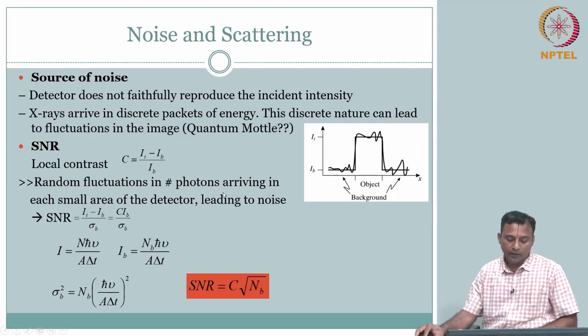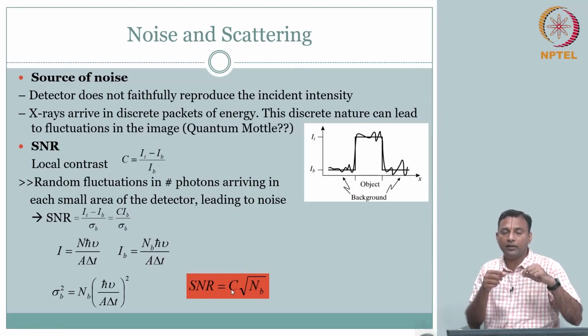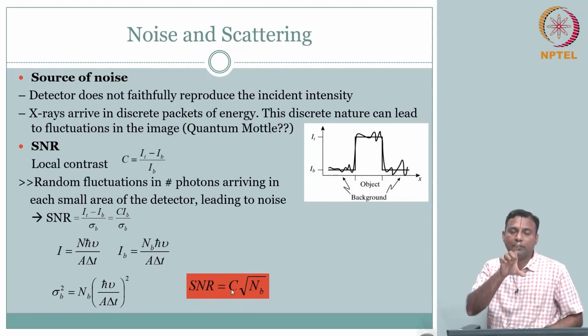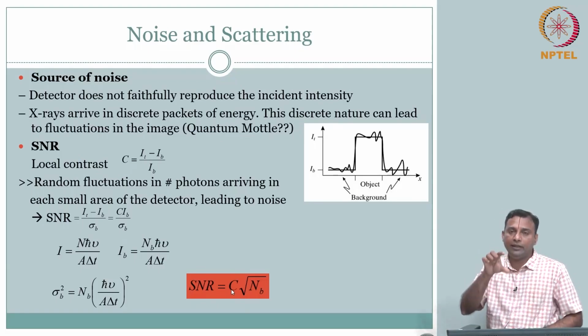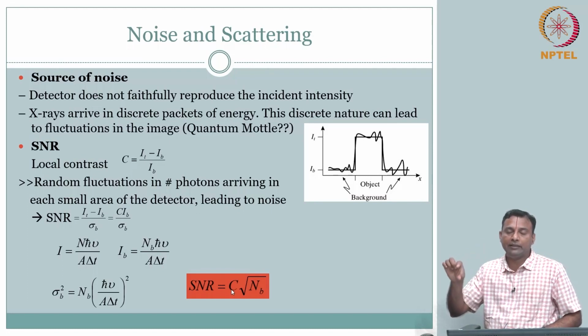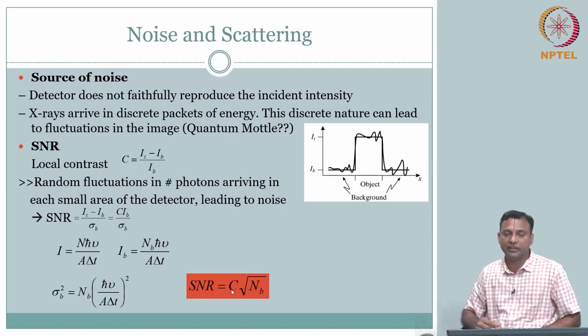So how do I increase my intrinsic contrast? Oh, you have a choice, right? You can take the energy. If you recall that plot, at lower energy you had very good intrinsic separation. As you increase the energy, the intrinsic contrast came down or started diminishing.